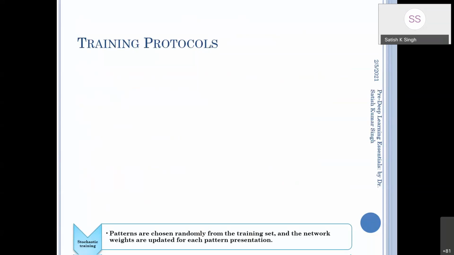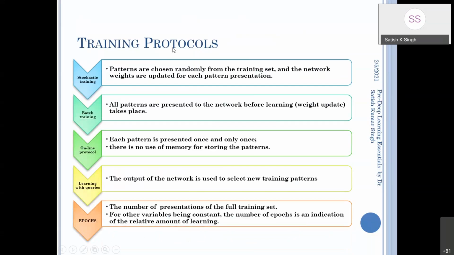Then protocols. Here, we have seen the need to accumulate the error: just to avoid the oscillatory nature during the weight optimization. So let us try to link. There are many training protocols. First, stochastic training. What does stochastic training mean?